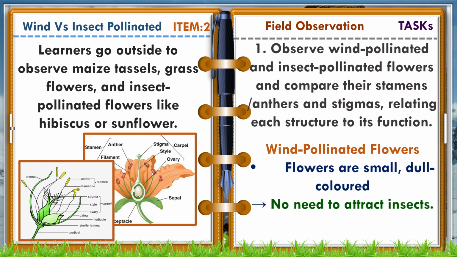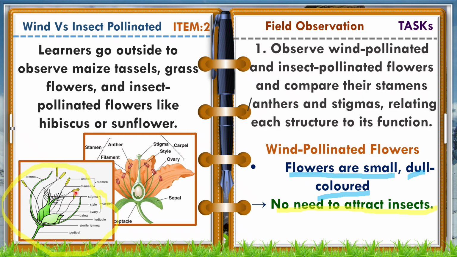The wind-pollinated flowers are small and dull colored. Why? Because there is no need to attract insects. If you look at their color, they have a green color of the petals.